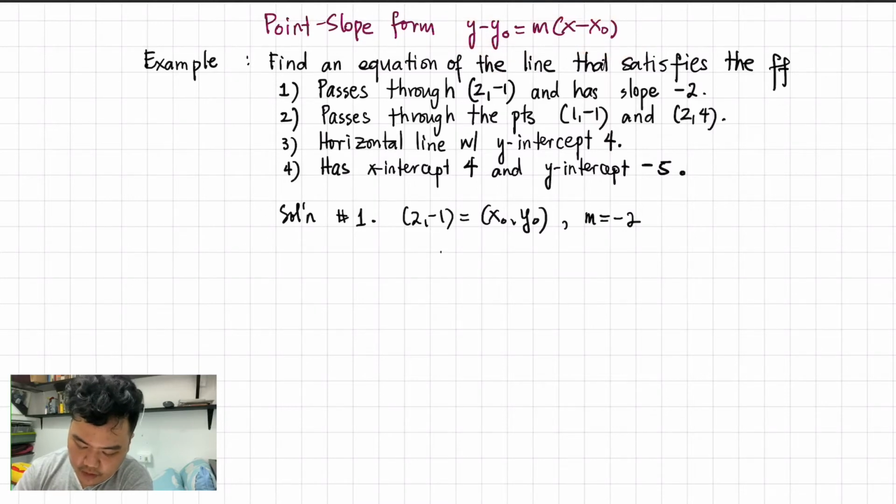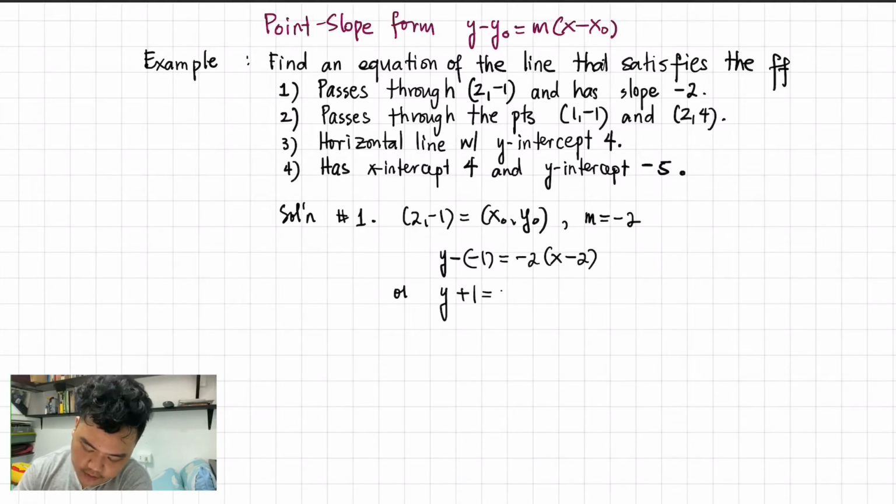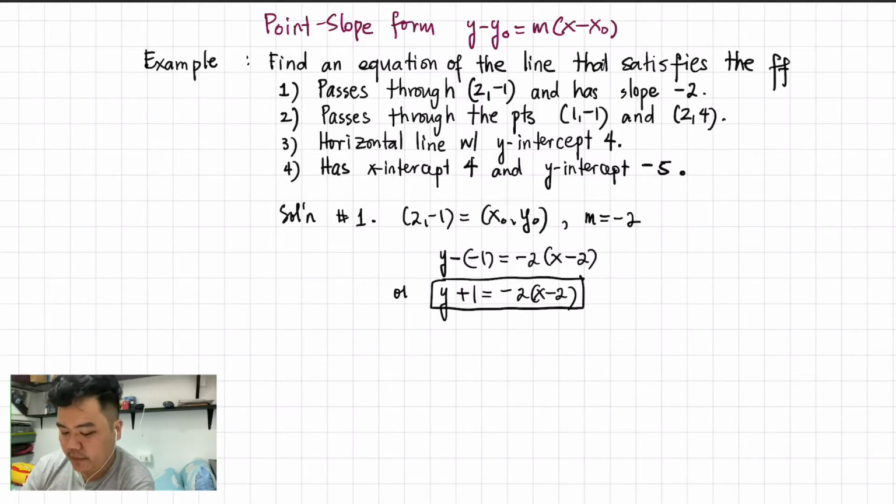So we get y minus -1 equal to m times x minus x naught, which is -2 times x minus 2, or y plus 1 equal to -2 times x minus 2. And this is an equation of the line, because the equation of a line has many forms, and this is one of the forms. What's important is that we have an equation.